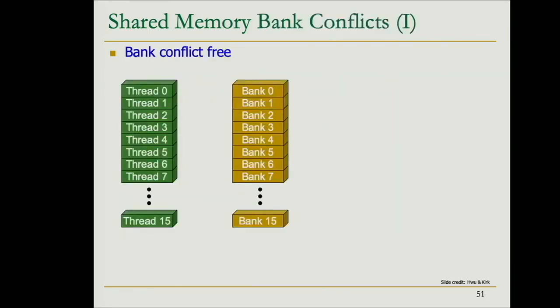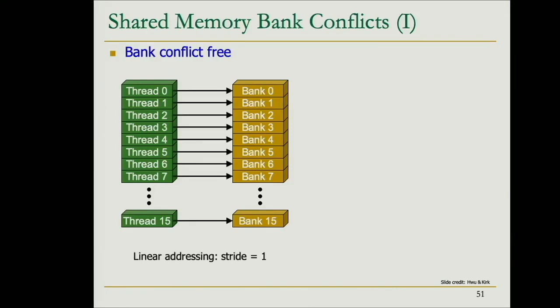Some example patterns. Bank conflict 3. In this particular case, we have 16 threads and 16 banks. If our stride is 1, we have linear addressing, then no bank conflicts. What's the access here?